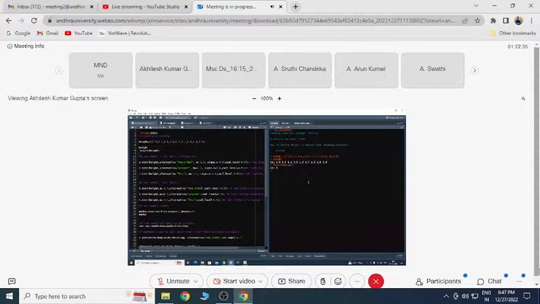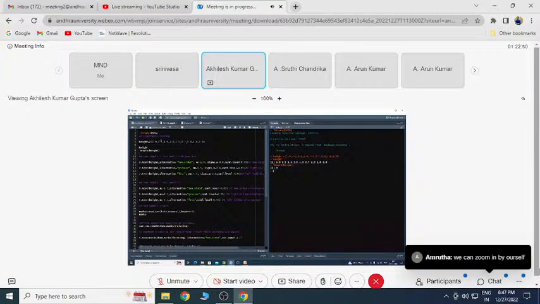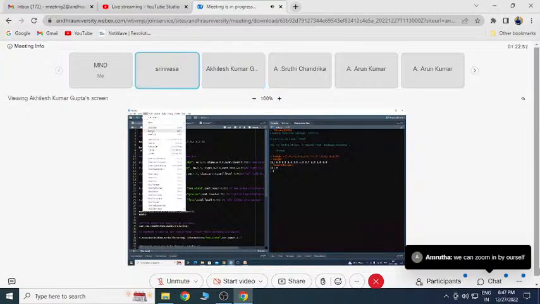This is full screen. Sir told about R Studio or R. This one, sir, it is visible. You can double click so that it goes up to 100%.